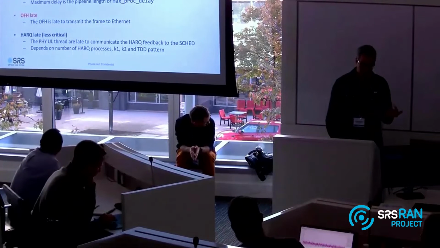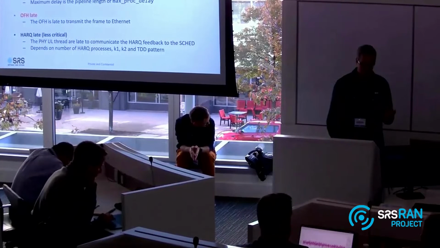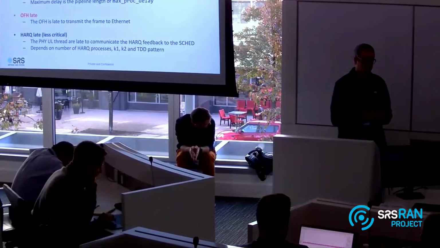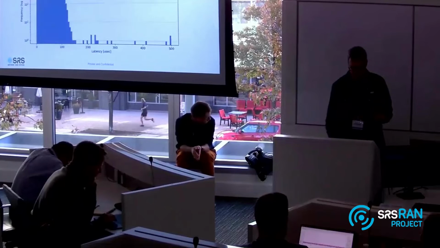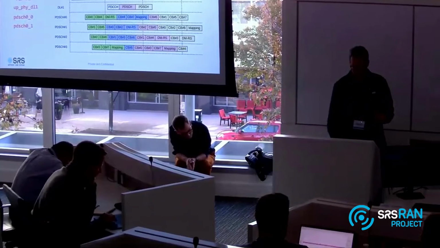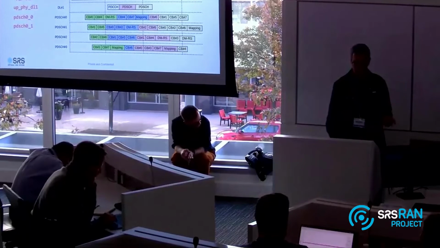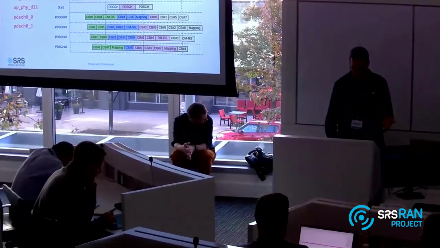It's similar in the case of the PHY late. In the downlink, even if the PHY receives the instruction from the MAC on time, it can be late in this pipeline. It can be late in encoding the PDSCH and can exceed max proc delay.